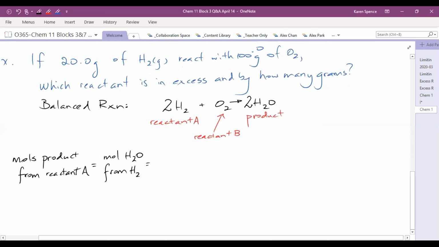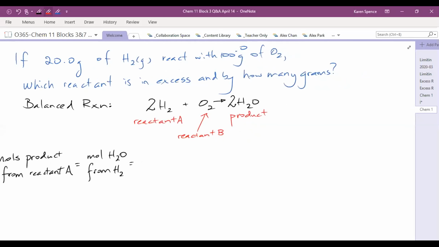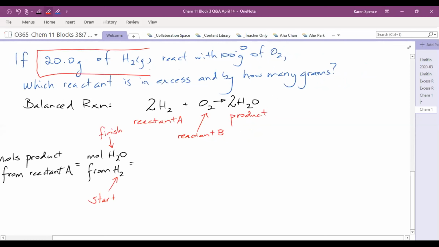So we are starting with H2, and we want to finish with moles of H2O. How much H2 are we starting with? We are starting with 20 grams of H2.